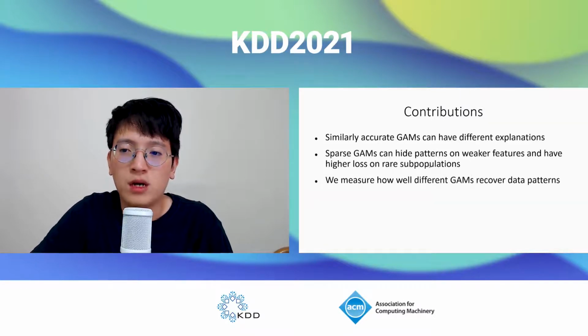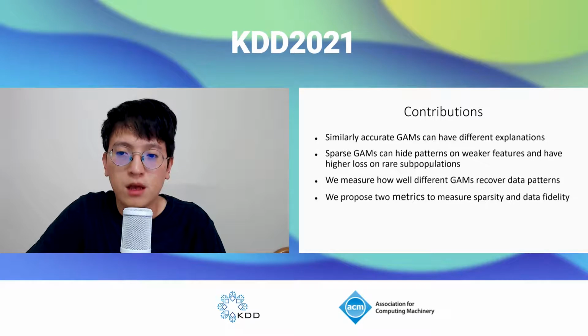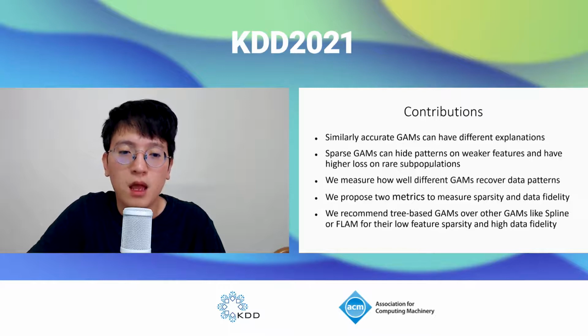Third, we measure how well different GAMs recover data patterns, which we call data fidelity. We also propose two metrics to measure sparsity and data fidelity. Finally, we recommend tree-based GAMs over other GAMs due to their low feature sparsity and higher data fidelity.